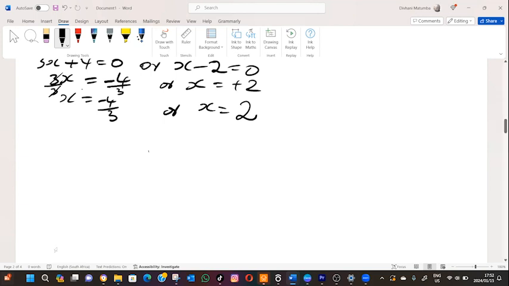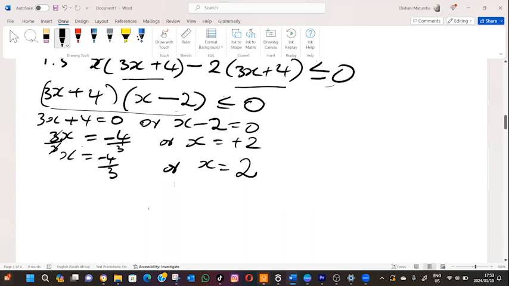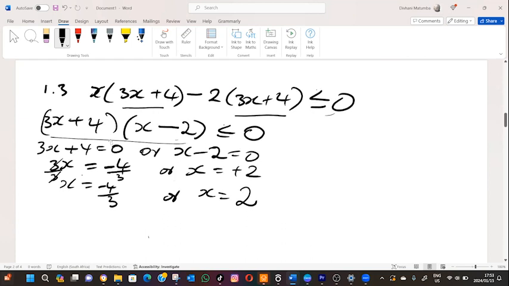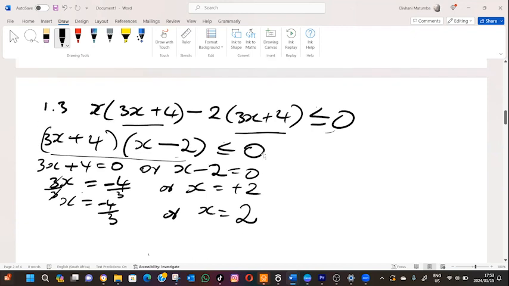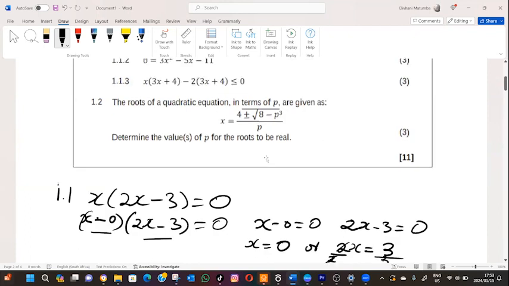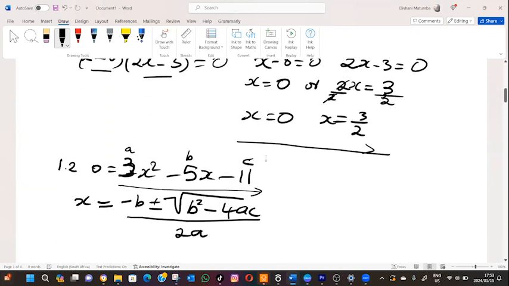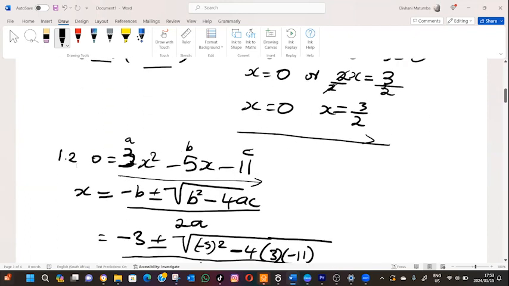Let's go back to the equation. What you can notice about this graph is that it has a positive A value. For those who don't know what I'm talking about, let me go to the second question, 1.2. This is the A value.